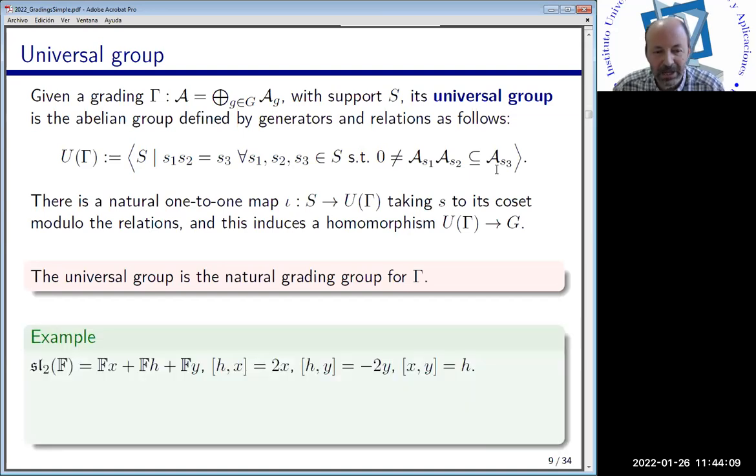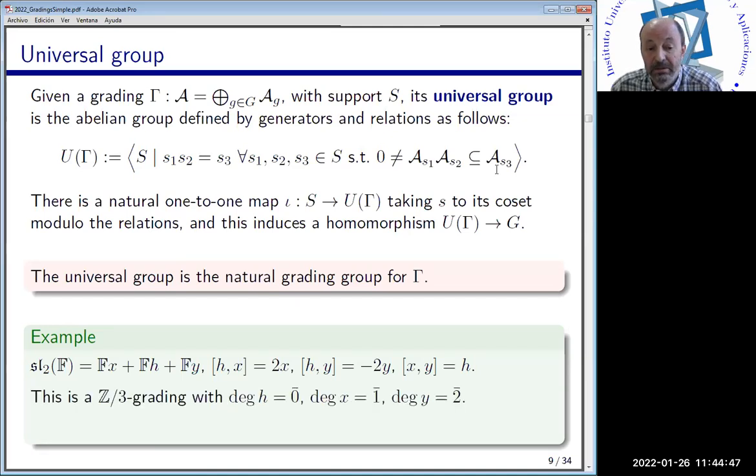So let me give you an easy example. Consider the simple Lie algebra of dimension 3, SL2, the special linear algebra of degree 2, and we have the natural basis that consists of the semi-simple element H and the nilpotent elements X and Y. So H acts in a diagonal way, and X and Y are eigenvectors, and the bracket of X and Y is H. And this splitting of SL2 is a grading by the integers modulo 3.